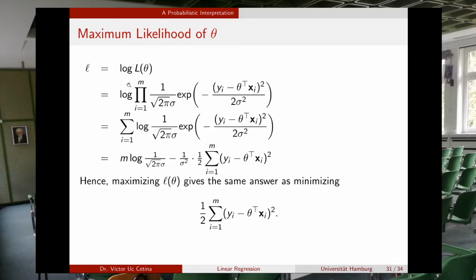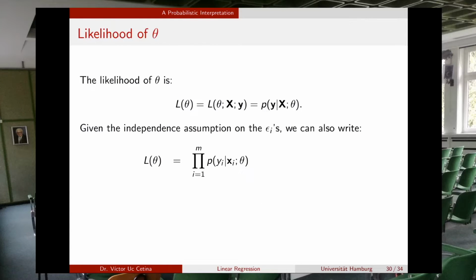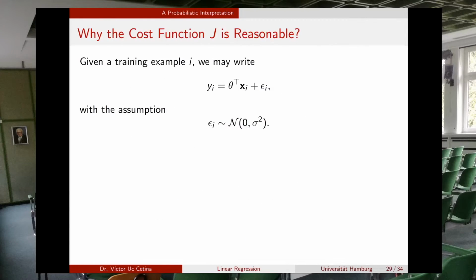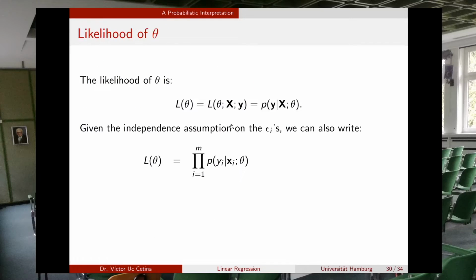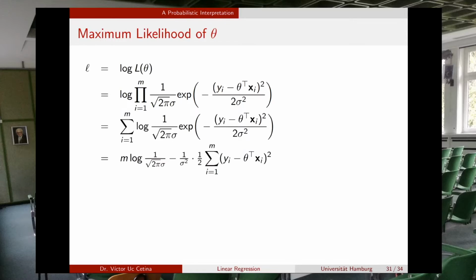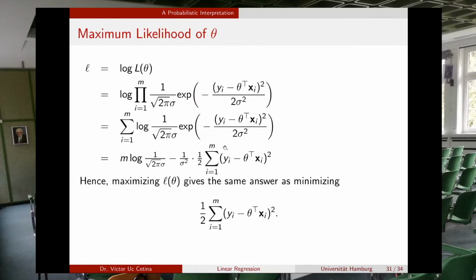So what we have shown here is that, first of all, if you consider that each of the points can be generated in this way, like the dot product of a vector of parameters, or the linear combination of the inputs, plus some error that is drawn from a normal distribution, then to find the best parameters that explain our data, we need to maximize the likelihood, and maximizing the likelihood involves maximizing this expression.